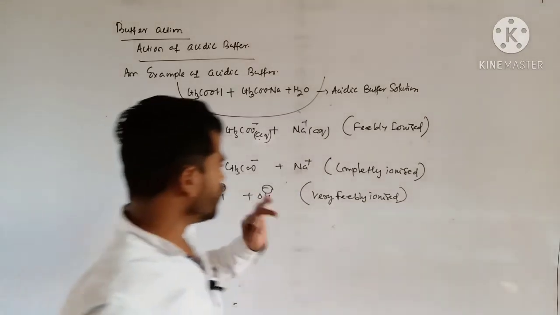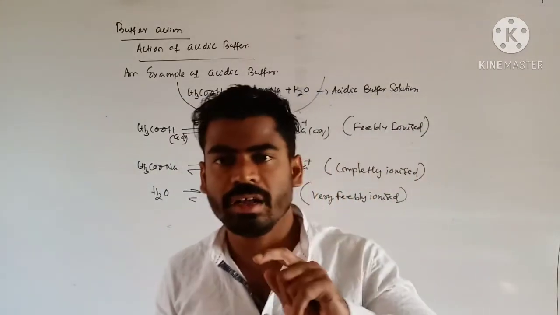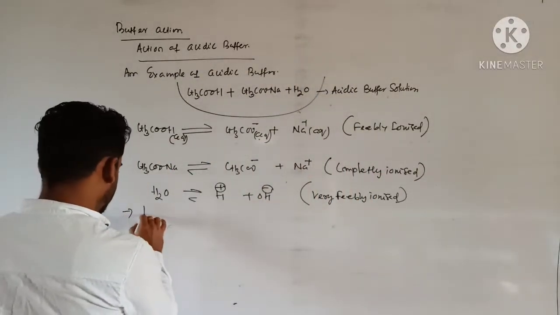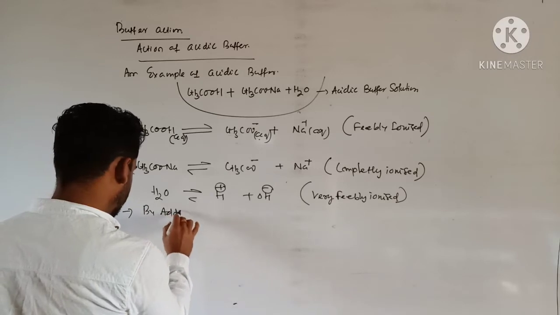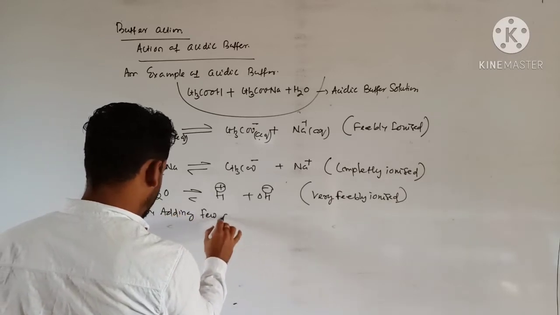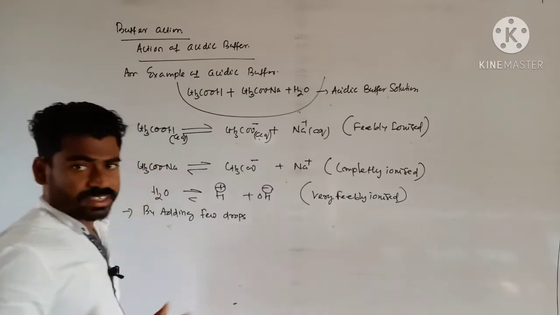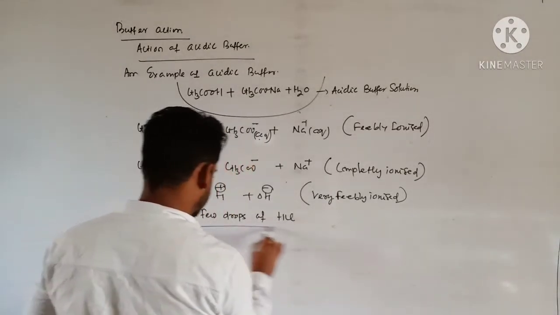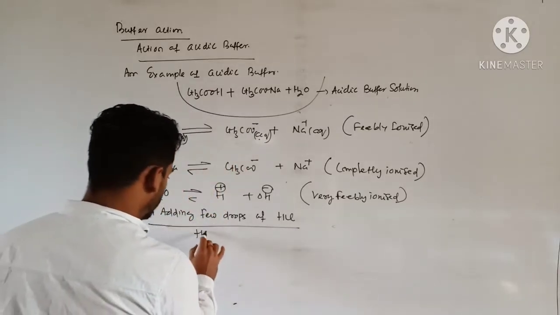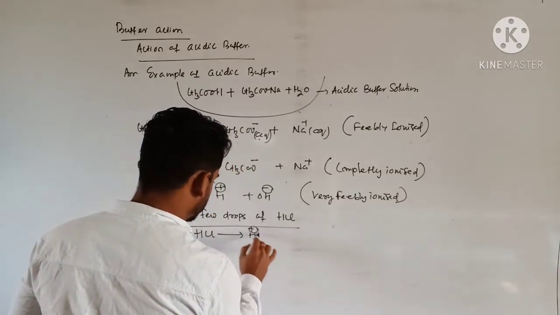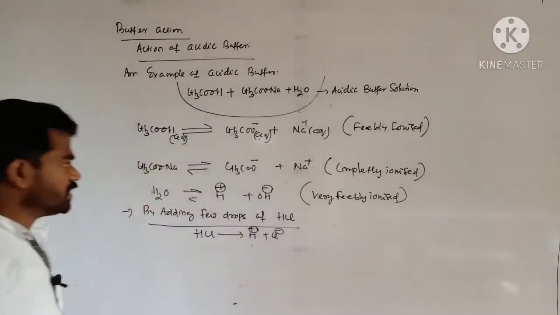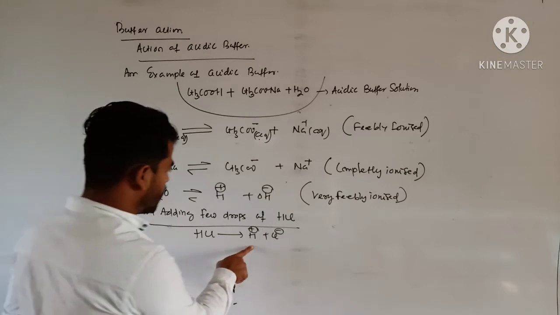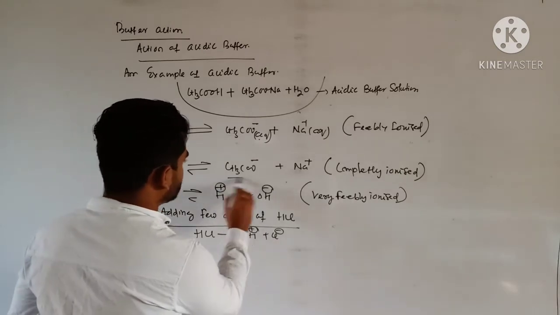So in order to understand the buffer action, first I need to add, let's say, a few drops of HCl, not a larger extent, a few drops of HCl, that is acid. So if I add a few drops of HCl, then what is my expectation? Definitely the concentration of H plus ion will be more. Is that clear? And this H plus ion now combines with this acetate ion.